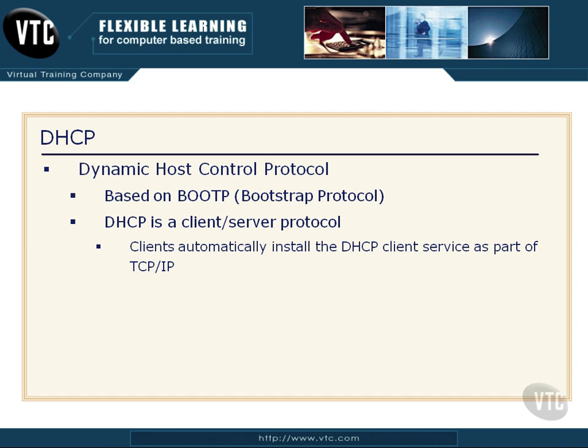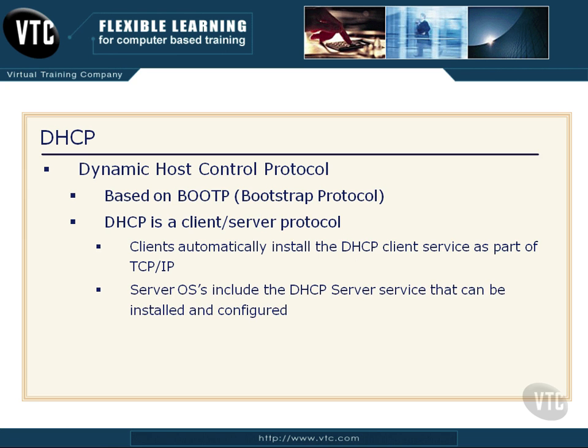So when we install the OS on the client side and we choose to install TCP/IP, we automatically get the DHCP client service and it's automatically working. On the server side, there is a DHCP server service that we can install and configure, and in Windows Server 2012, we do that in the form of a server role.